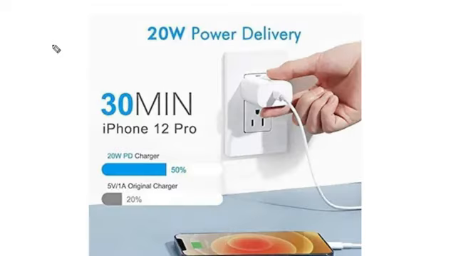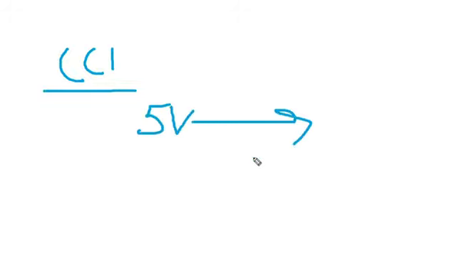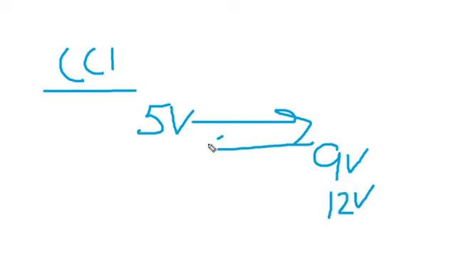Now when you connect the company charger, or you can say PD charger, power delivery charger, through the CC1 pin, CC pin, first 5 volt goes to your phone. After, when everything is okay, suppose your phone's integrated circuit, IC, works on 9 volt or 12 volt, then a signal goes to the charger.